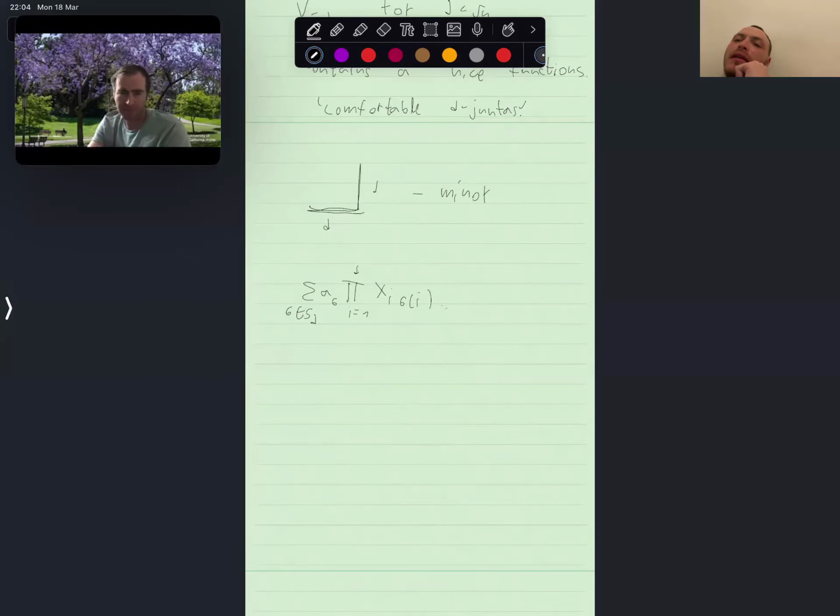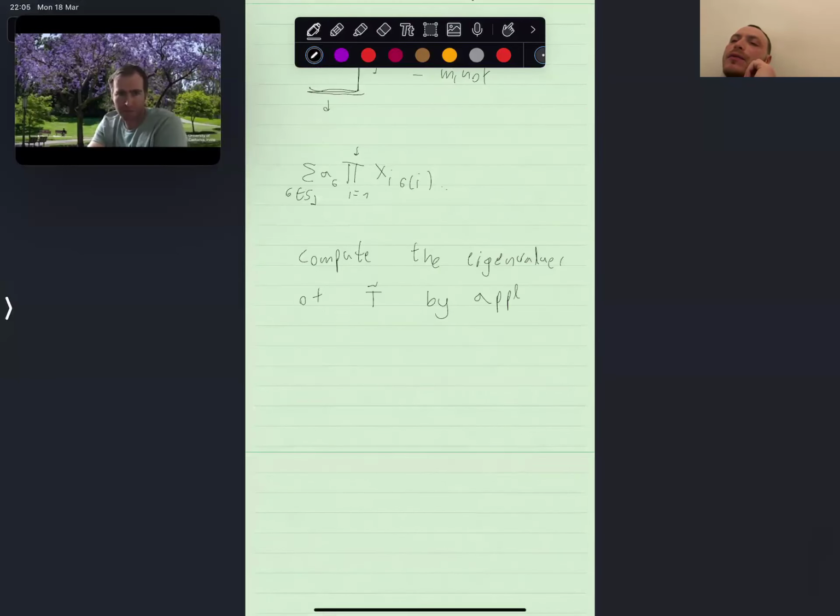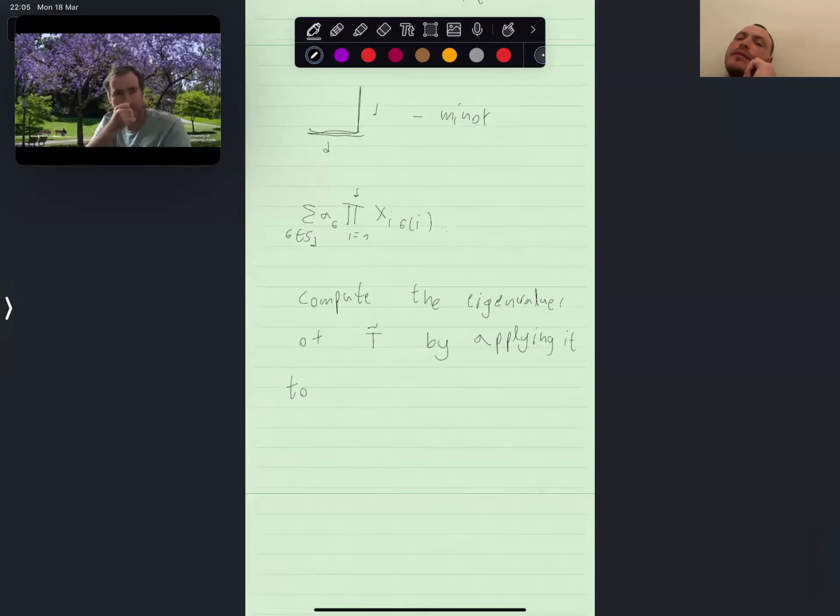And then you can compute eigenvalues by applying the composed operator, the final operator, let's call it T tilde, to a comfortable junta.